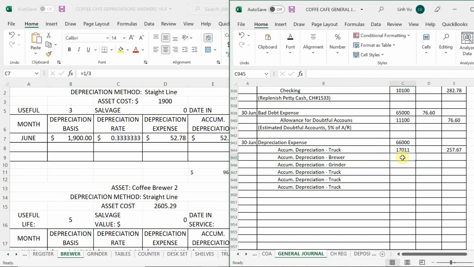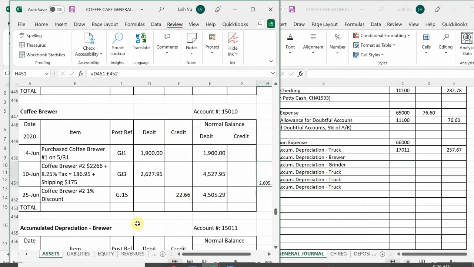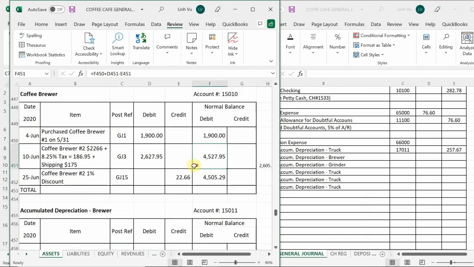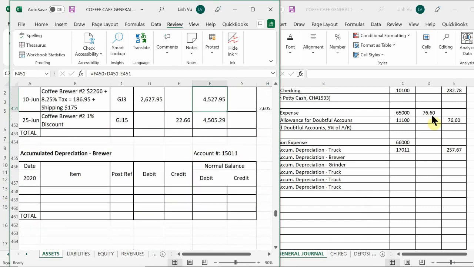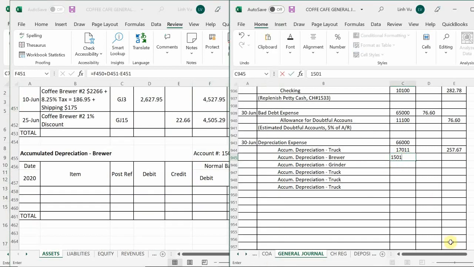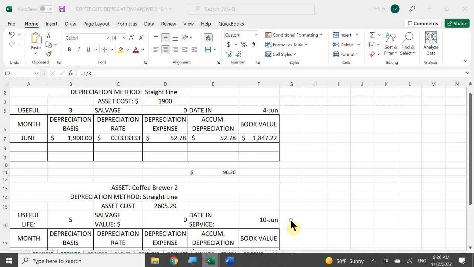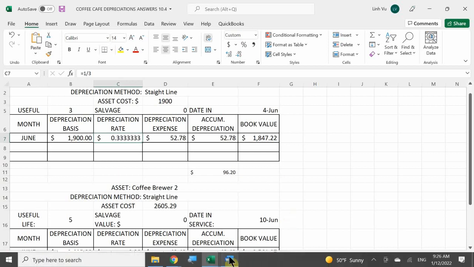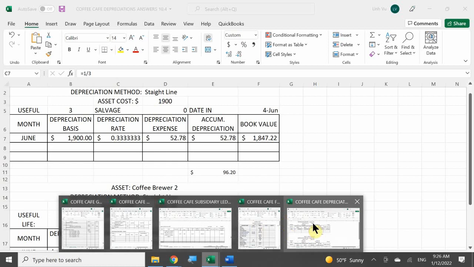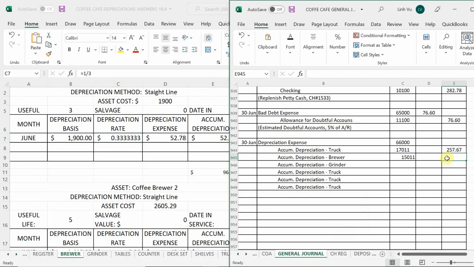So let's focus one at a time. The coffee brewer, the accumulated depreciation for the coffee brewer account is going to be 15,011 for a total of $96.20.